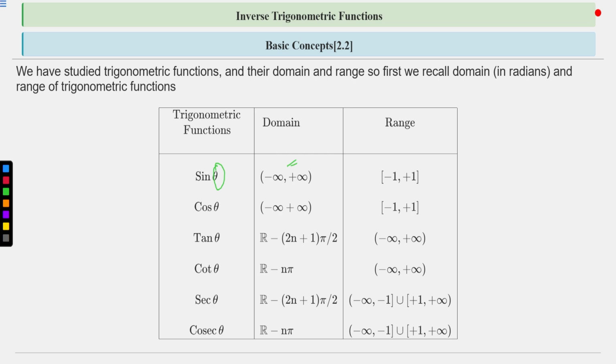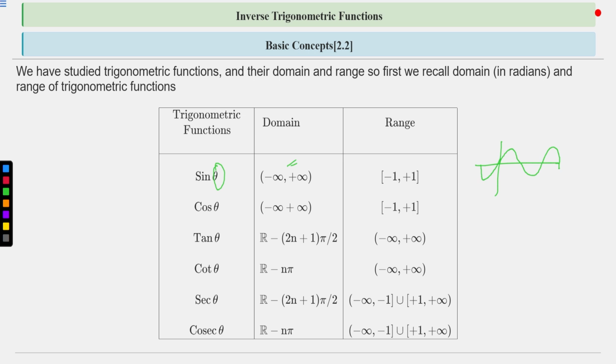What will be the range of sine theta? See, sine theta will always lie between minus 1 to plus 1. It will not cross beyond the value of 1 and below the value of minus 1.